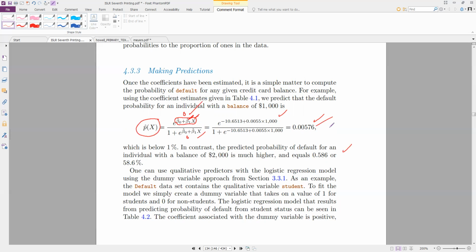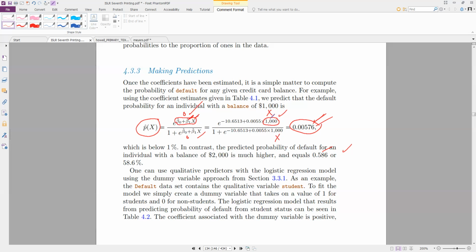So the predicted probability of default for an individual with a balance of 2,000 is much higher and equals 0.58. This is for a low value, and this is for a much higher value. But there's your probability of default. Now this is for 1,000 over here. That's the input variable, x, and there's x over there.